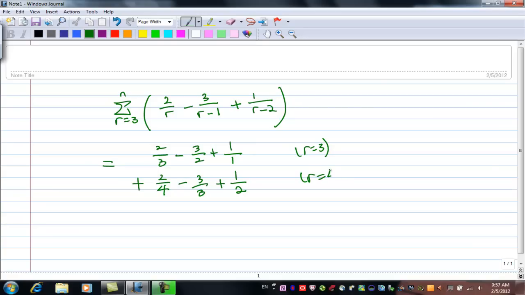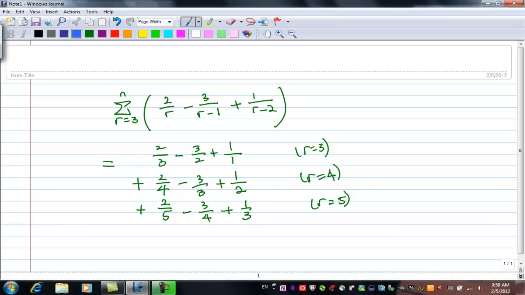This is for r equals 4. So far I do not see any cancellation yet. Minus 3 over 2 plus 1 over 2 is not going to cancel. So let me write down one more row. I'm going to have 2 over 5 minus 3 over 4 plus 1 over 3. This is for r equals 5.